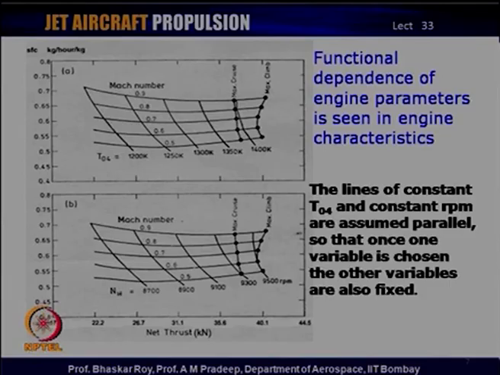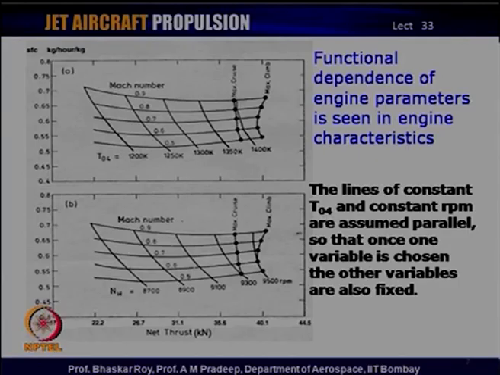The specific fuel consumption and the net thrust are the two axes, and the variables in the upper and the lower pictures are shown here. In the upper picture, we have the turbine inlet temperature as variable. In the lower picture, we have the rotating speed as variable, and as we were just discussing, all of them together actually impact on what is happening inside the engine.